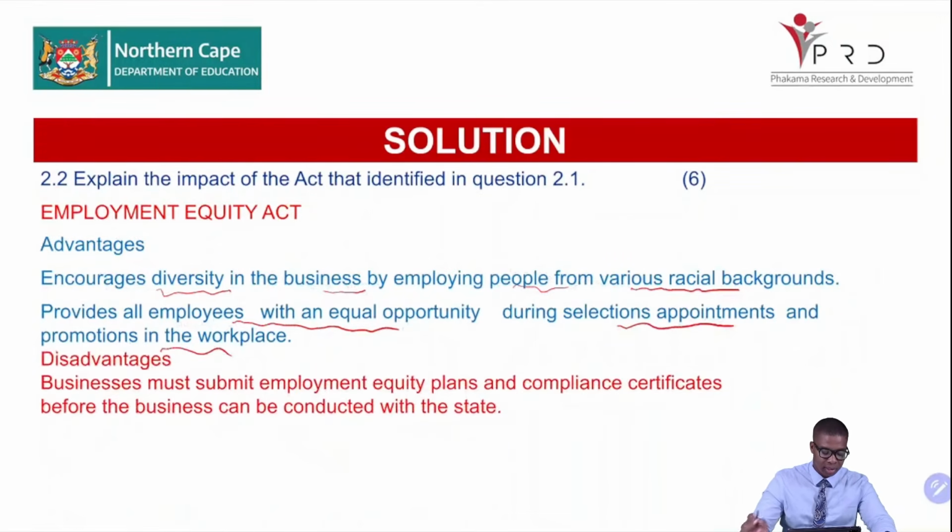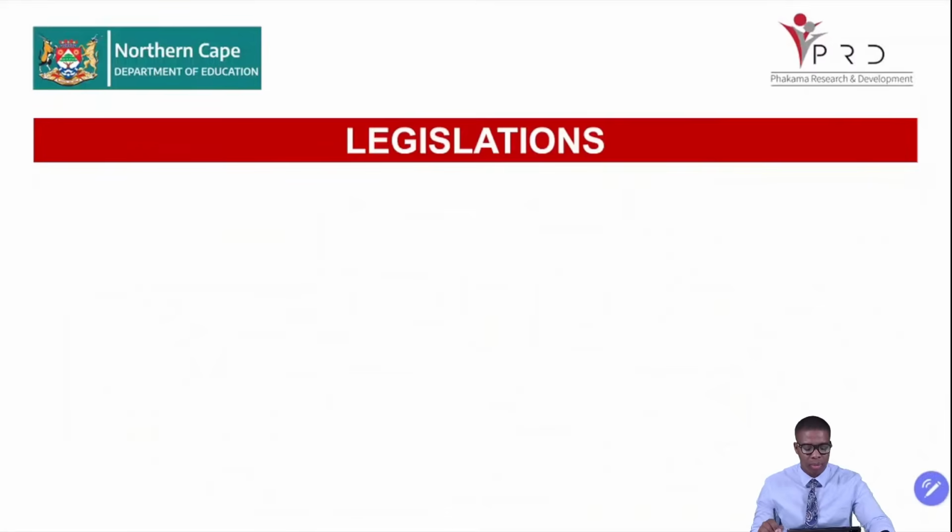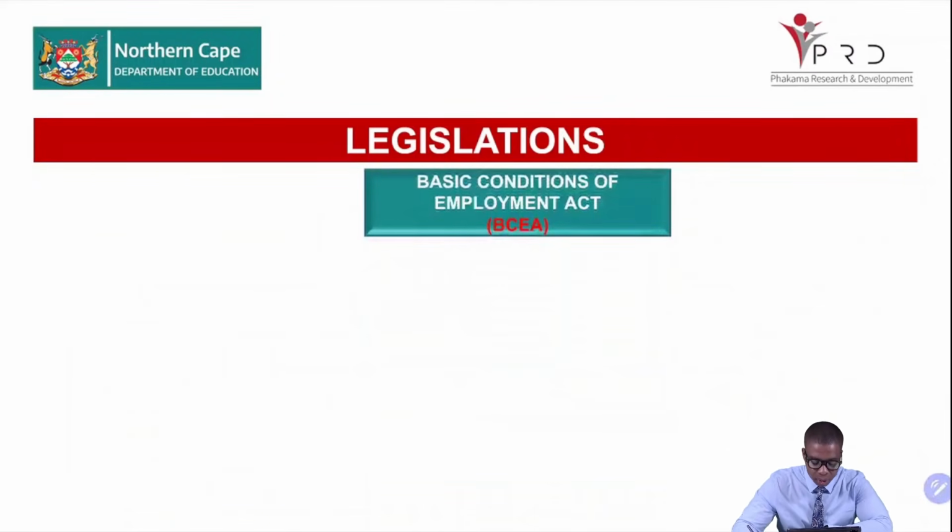However, what are the disadvantages? Businesses must submit employment equity plans and compliance certificates before business could be conducted with the state. Then the training cost of the business will increase because employees need to be correctly trained regarding the implementation of the Employment Equity Act.